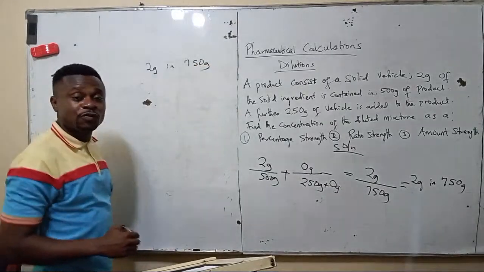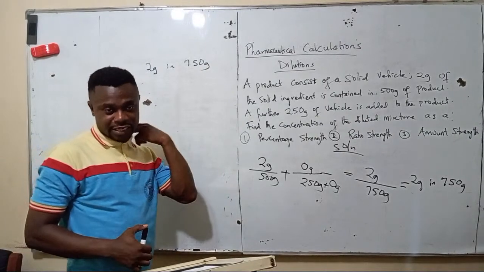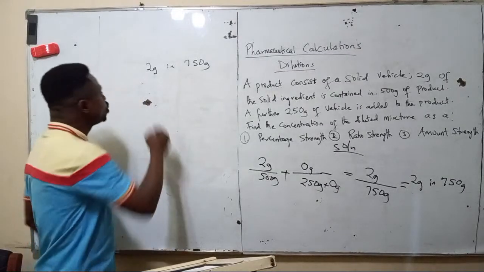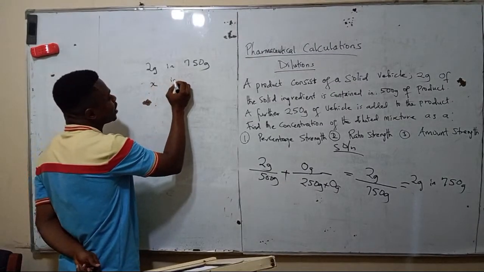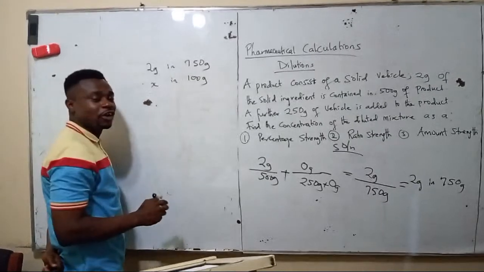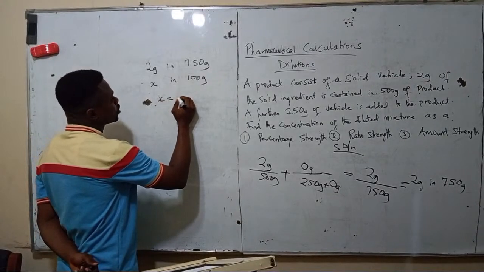The question says we should find a percentage. Percentage means per 100. So how many grams will we find in 100 grams? We don't know, so we call it X. X is found in 100 grams. So let's find X. If we cross multiply, X will become 2 grams times 100 grams over 750 grams.